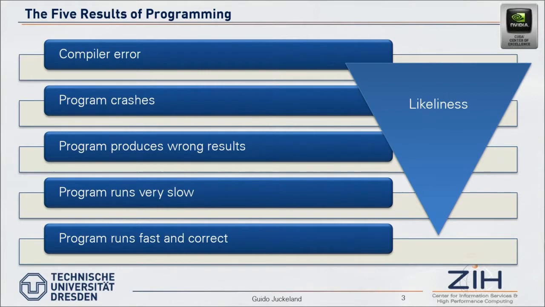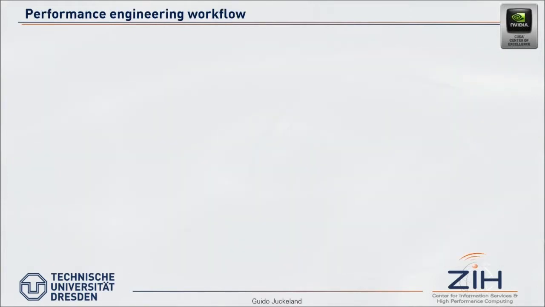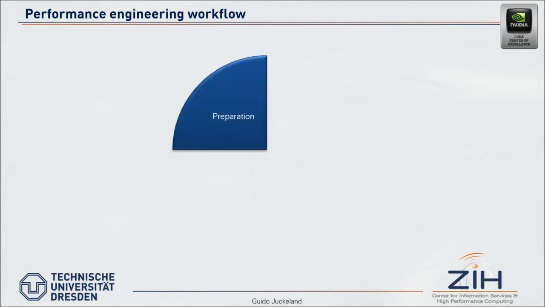At the moment, your performance engineering workflow, if you're trying to optimize things, typically is that you modify your code in some form, or you do certain preparation as a prerequisite for the optimization.